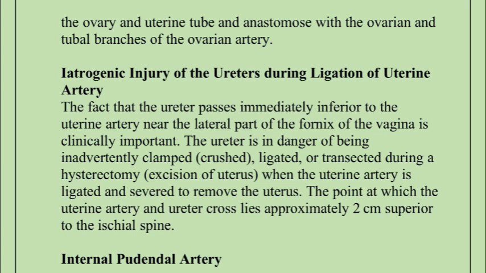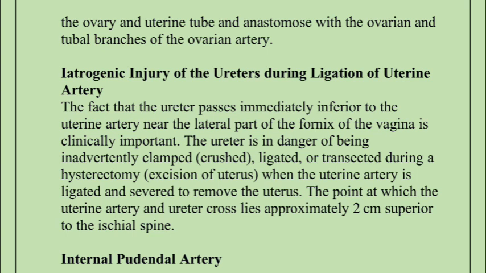So when you ligate the uterine artery, because the ureter is just inferior, you need to be really careful so that you don't crush or damage the ureter, or clamp it in the process. The point at which the uterine artery and ureter cross lies approximately 2 cm superior to the ischial spine.